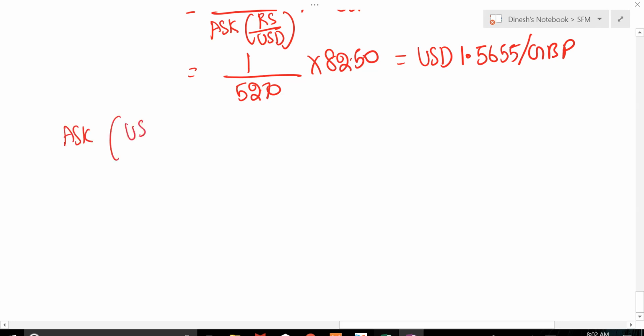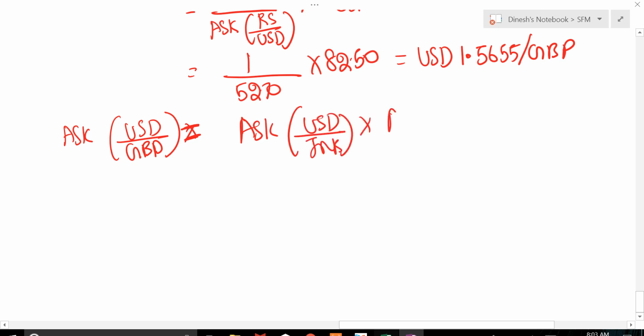Ask USD per GBP is equal to ask. USD per INR is not there in the question.